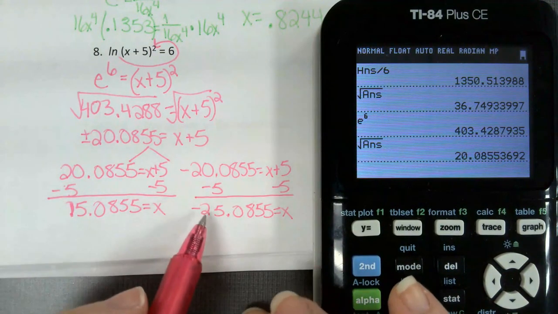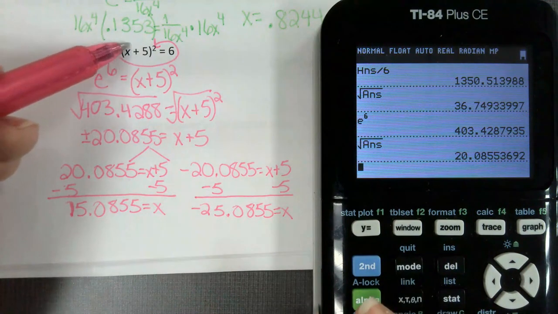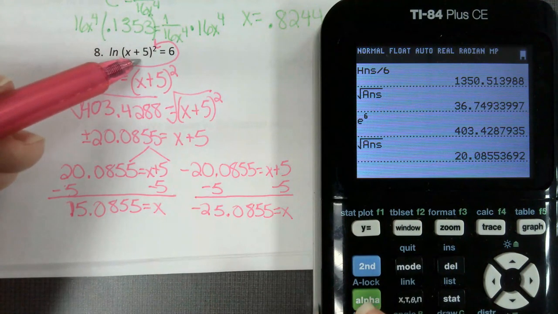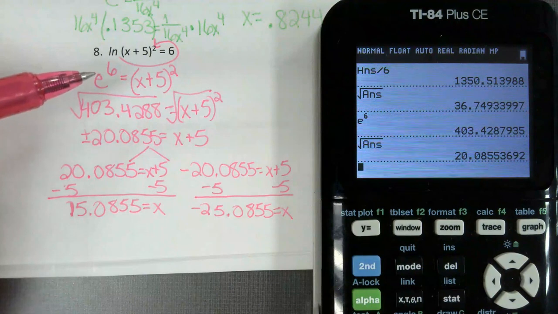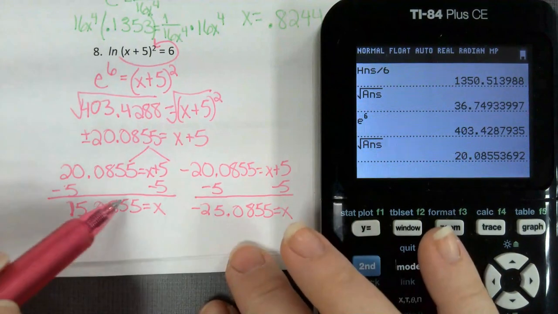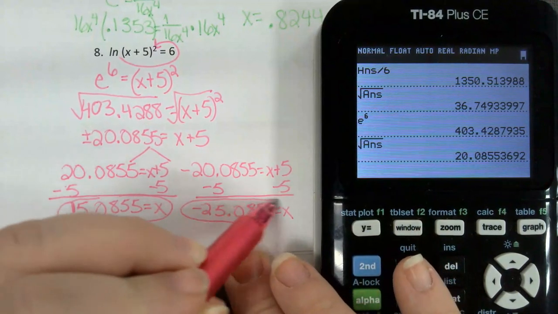Now, when I plug them back into the original problem, I have this getting squared. And we know that whenever we square a number, it doesn't matter if it's positive or negative, I always end with a positive number. So I have to include both answers as solutions.